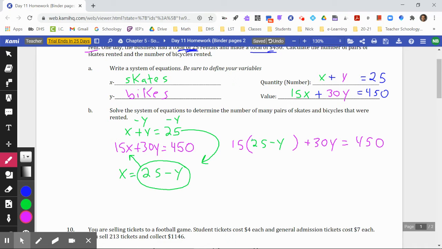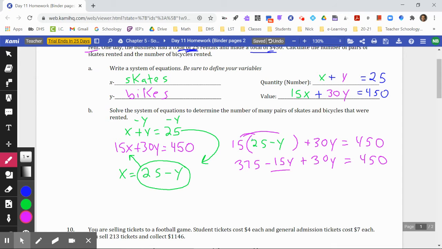All right, so now I'm ready to solve this equation for Y. We're going to do that by distributing, and we're going to get 375 minus 15Y plus 30Y is equal to 450.